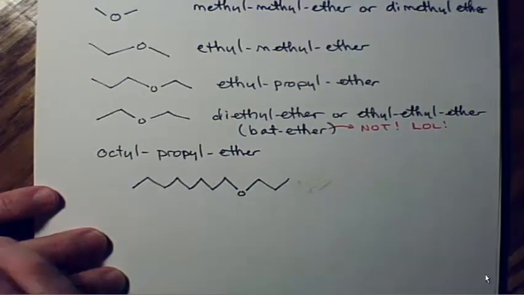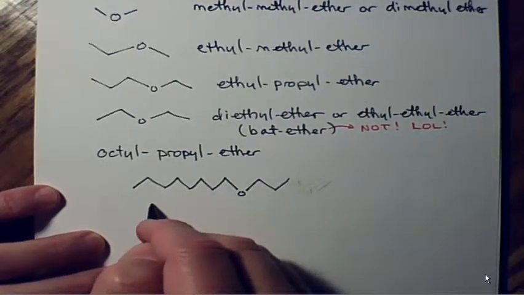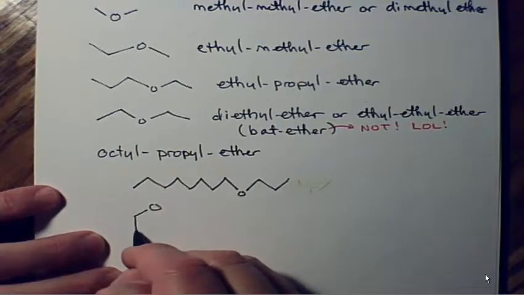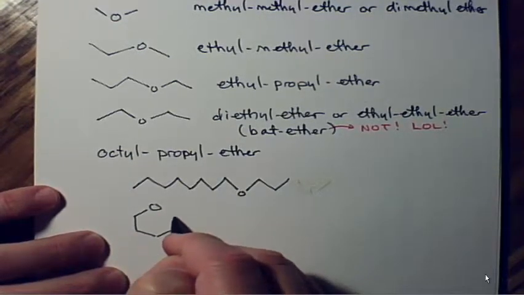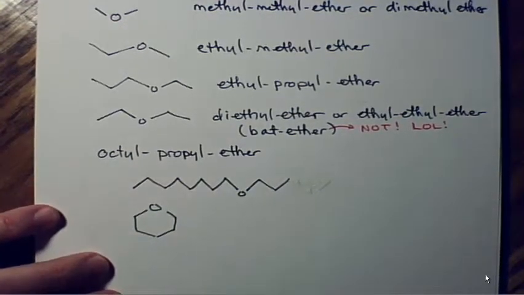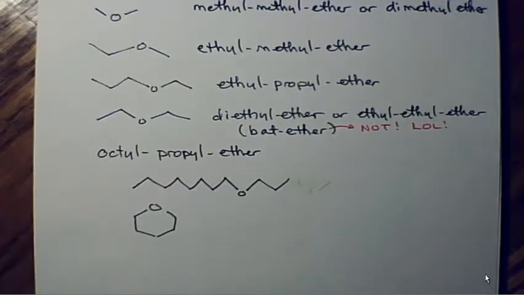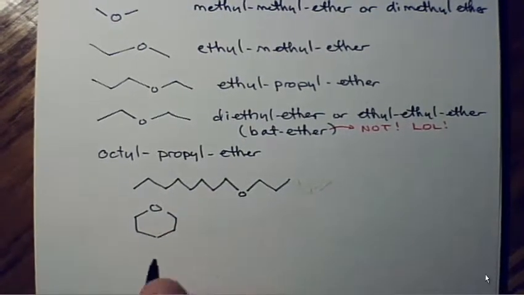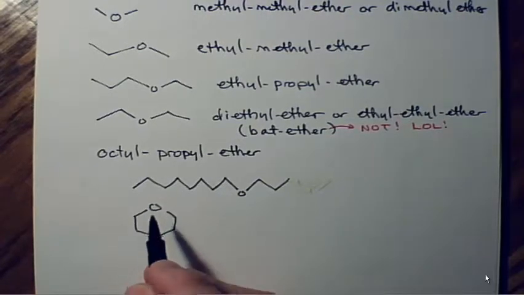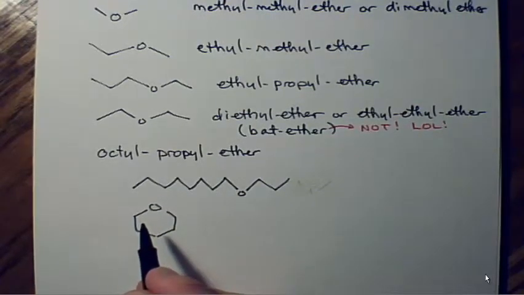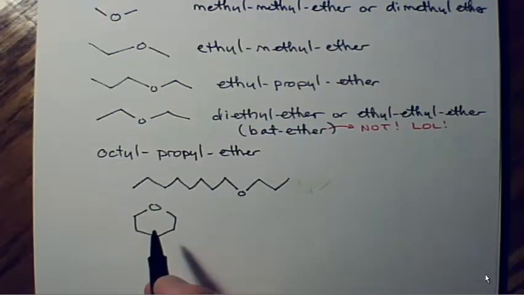All right. Let me throw something at you. A little bit different here. Now, no, I'm not going to ask you to name this one. When you have something that goes around and comes back to itself, we call that a cyclo group. Circle, cyclo group, okay? And there are 5 carbons in this chain.